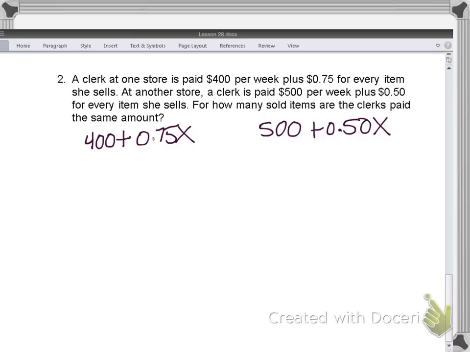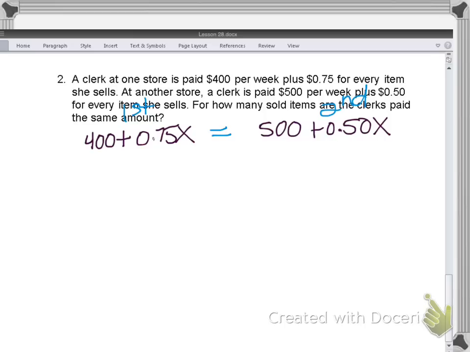So we're going to take these two equations that represent how much each clerk is paid. This is the first one, and this is the second one. And we want to know for how many items, which is X, are they equal? So we set them equal to each other, and then we can solve.